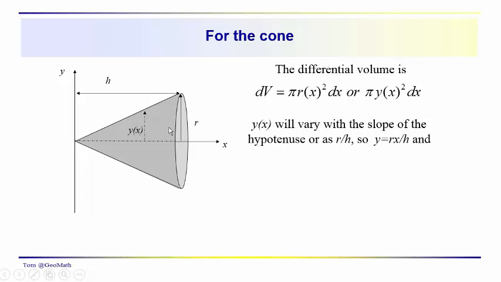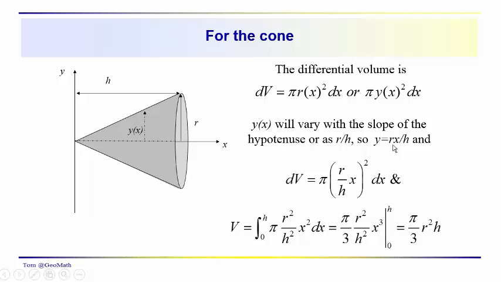We could say that y is to x, this value of x, as r is to h, or that y is equal to r times x over h. So that the differential volume element then is going to be pi, basically this quantity, y squared, we've got our y squared here, pi, r over h, x squared dx.